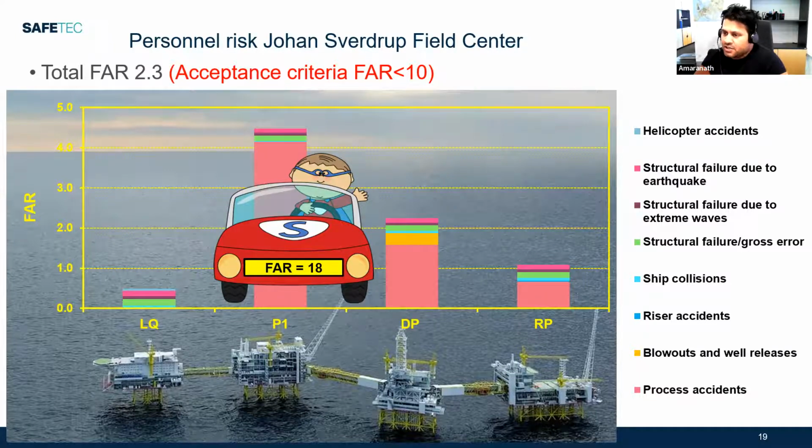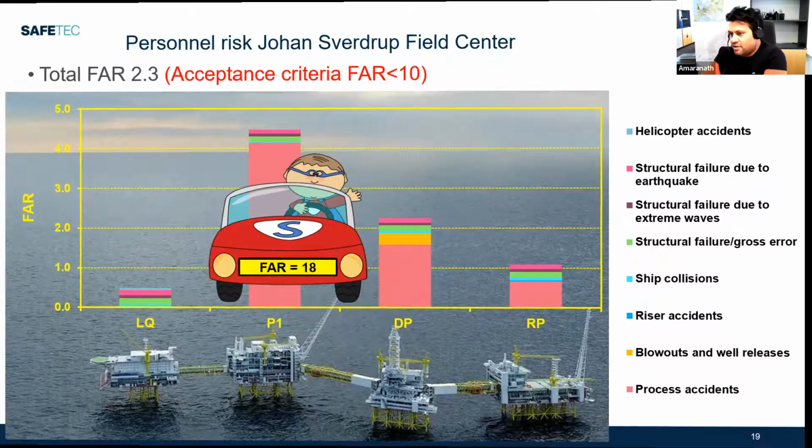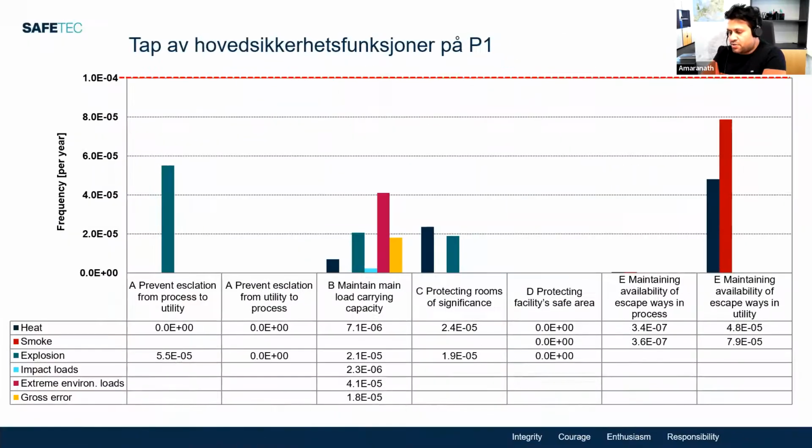So it's important to follow all the safety procedures and the standards to minimize the risk level in offshore installations. So I mentioned earlier that we need to use the main safety functions to evaluate the design of the offshore platforms. So this is the presentation of the impairment of main safety functions. And you can see that all the impairments of main safety functions are well below the risk acceptance criteria.